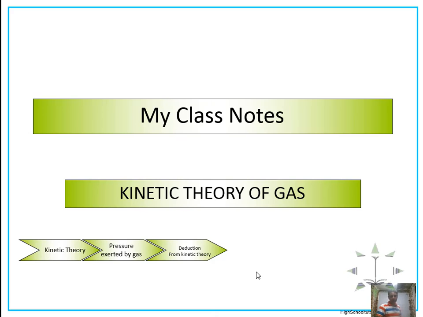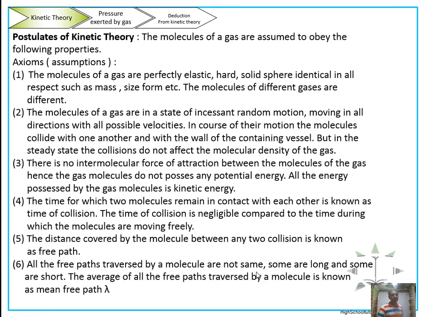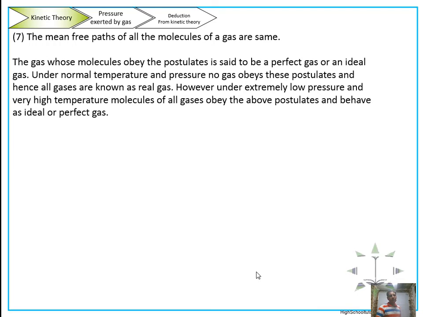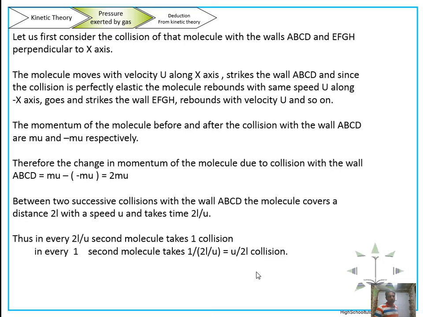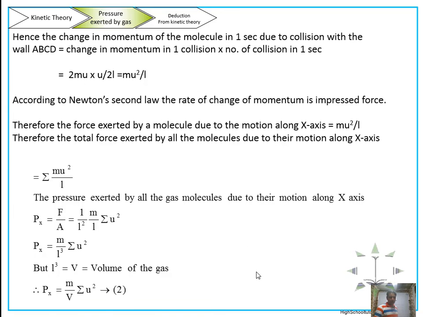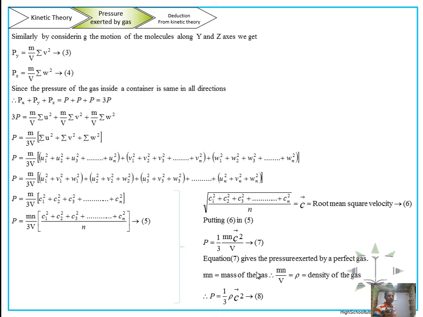See, we did this kinetic theory of gas. These are the assumptions of kinetic theory. So the mean free paths of all the molecules of a gas are same. This derivation is not important, but throughout your 11th and 12th chapter, you have to use this equation, P equal to 1/3 rho C bar square. If you know how it is derived, because we have calculated the force, momentum, then rate of change of momentum, then from the rate of change of momentum we got the force, then force by area is equal to pressure.